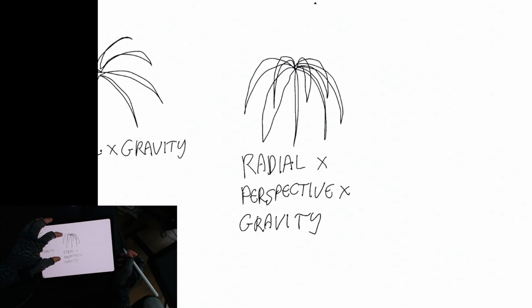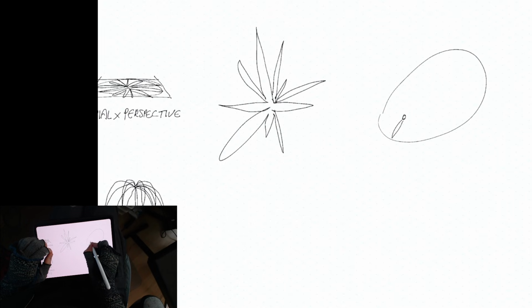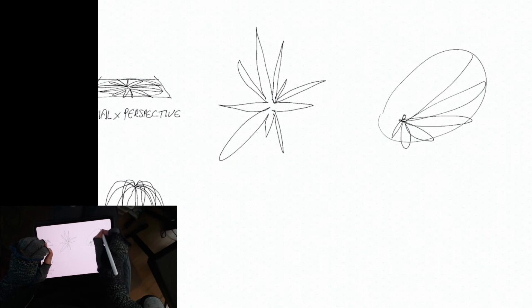So the idea is that you conceive of modifiers like gravity and perspective, or we can put in alternation. So if I do radial and alternation, if I could do alternating lengths, right? Or I could do maybe, right, a sweeping trend, right?